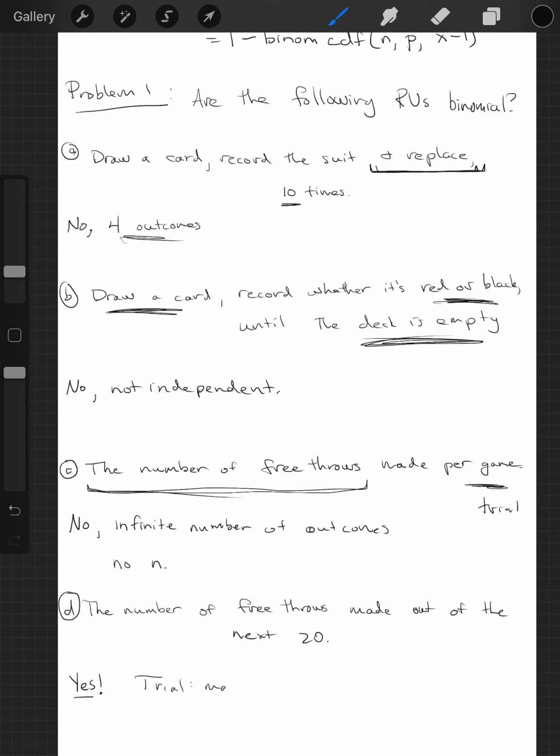For the last one, this is a binomial. So the trial is shooting a free throw. We're going to do it 20 times. And the outcomes are making the shot, or scoring?